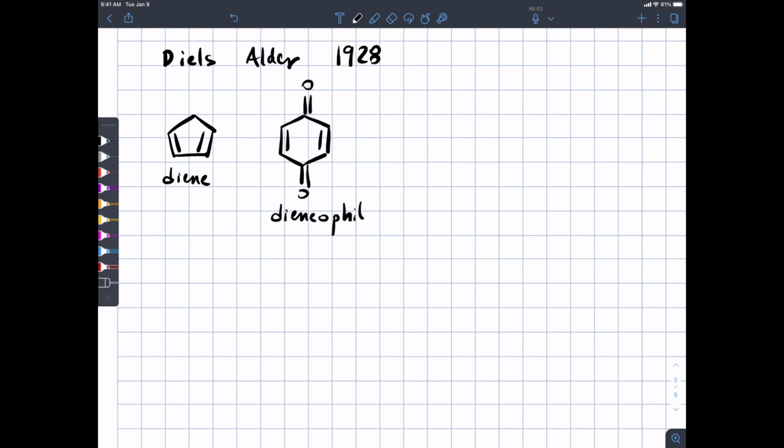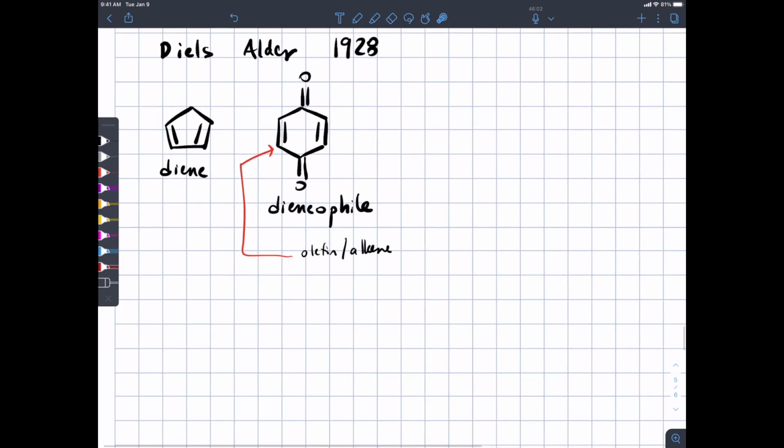The key structural features of the dienophile are the presence of a carbon-carbon double bond, olefin or alkene, we can call it, and then also the presence of these ketone electron withdrawing groups. And we'll talk about why those are electron withdrawing a little bit. So you've got the diene and the olefin, and you put them together, and you usually need heat.